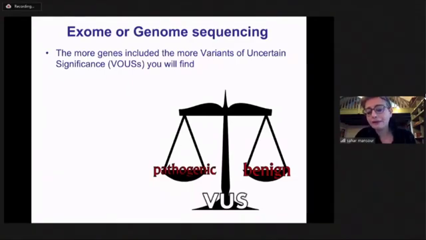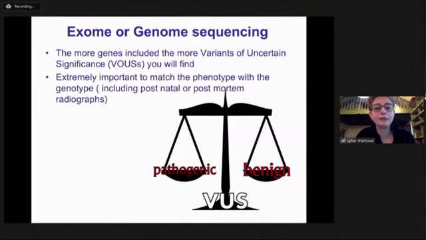So the more genes you look at, the more variants of unknown significance you will find. And this has become my full-time job now, looking at these VUSs, trying to determine if the variant that you found in the genetic makeup is the cause of the problem. Is it pathogenic or is it benign? And sometimes it's just uncertain.